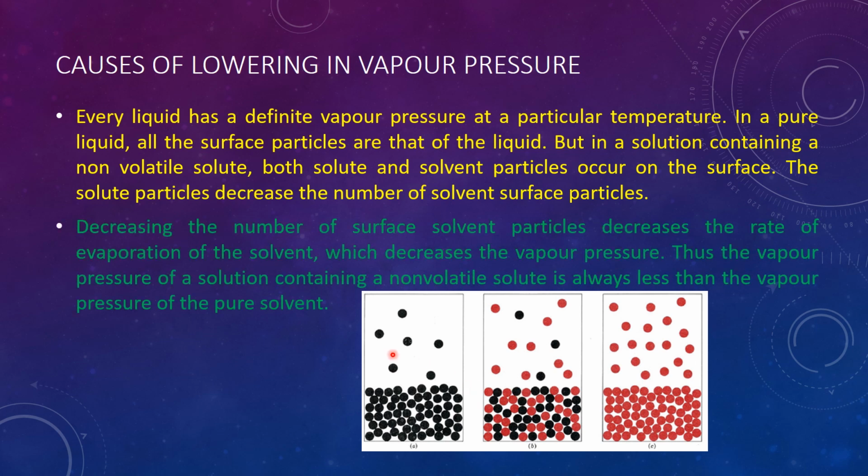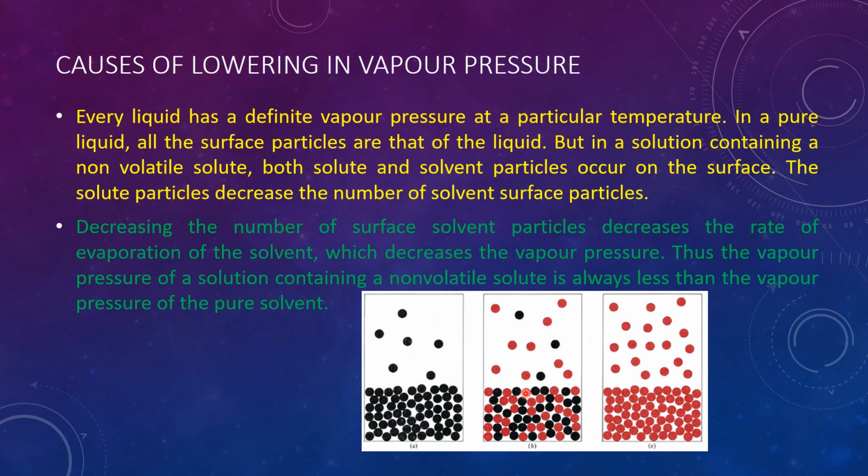Decreasing the number of surface solvent particles decreases the rate of evaporation of the solvent. When there are fewer solvent particles, there will be less evaporation due to the presence of the solute particles. So the vapor pressure will decrease.